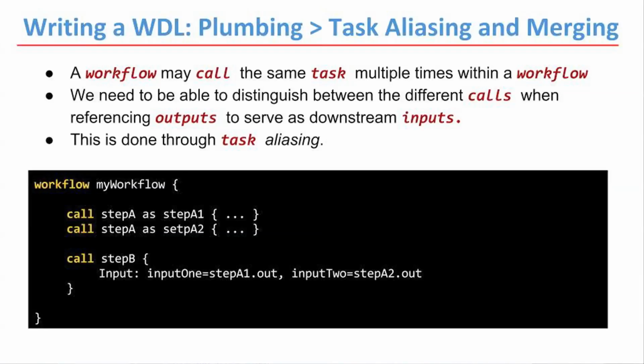So in our workflow definition, we call step A as step A1, and here we call it again as step A2. Then we can explicitly declare what the outputs of each of those steps are and serve them as inputs to step B.